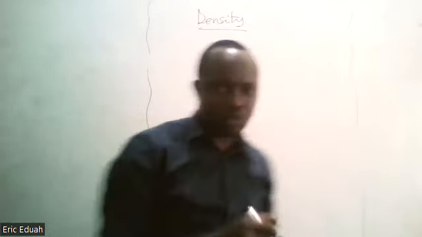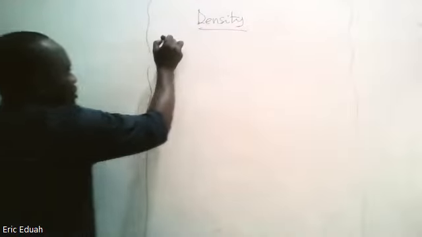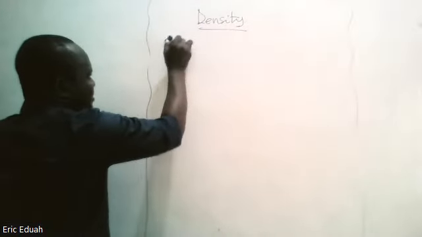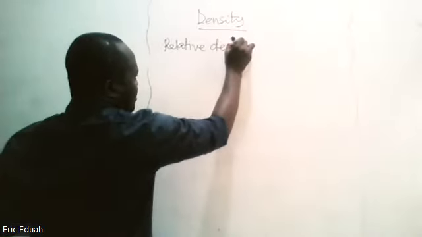To determine the density of liquids, we use the relative density bottle, or what was formerly known as the specific gravity bottle. So we will use a particular device known as a relative density bottle.